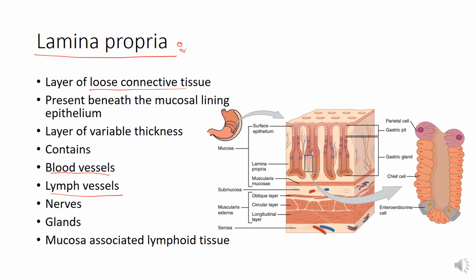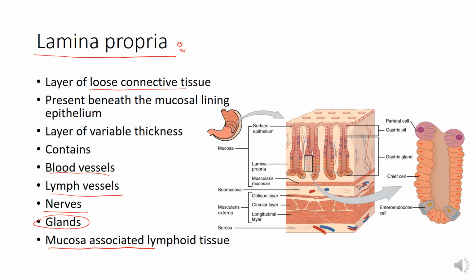It has a very important function in the small intestine, that the fat gets absorbed in the lymphatic channels, not in the blood vessels. Then the nerves, and in some places there are glands in the lamina propria which serve the function of secretion of different substances, enzymes as well as juices.